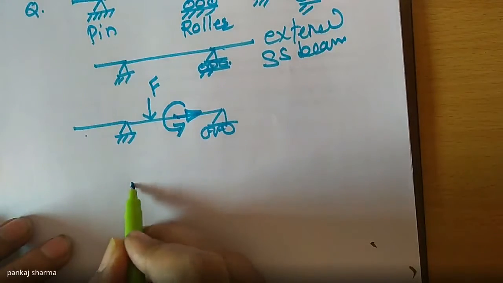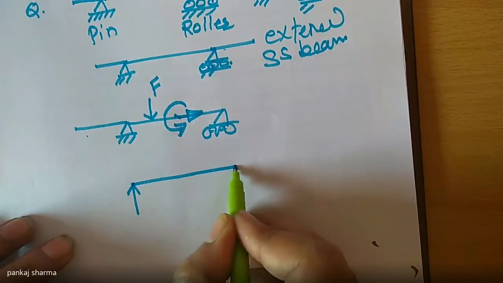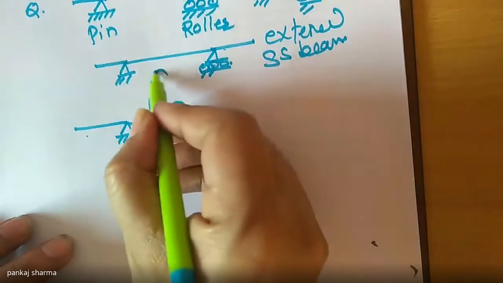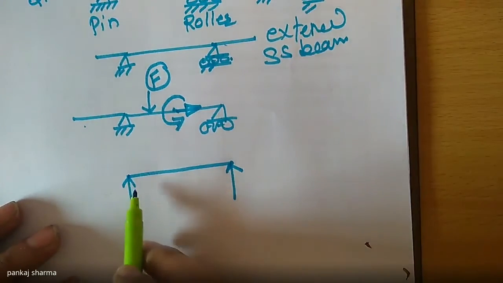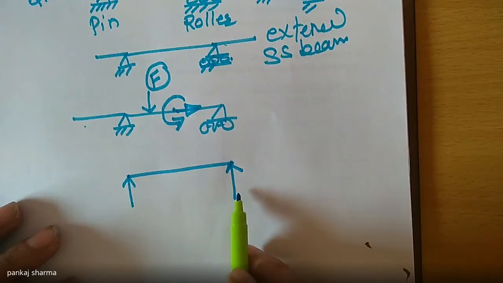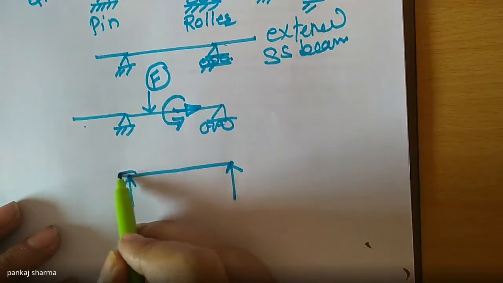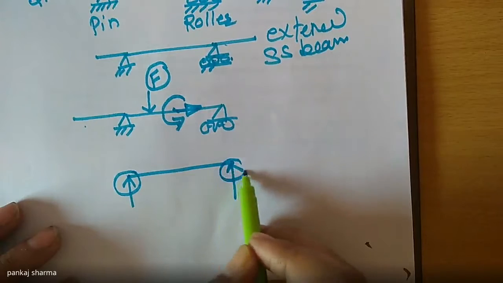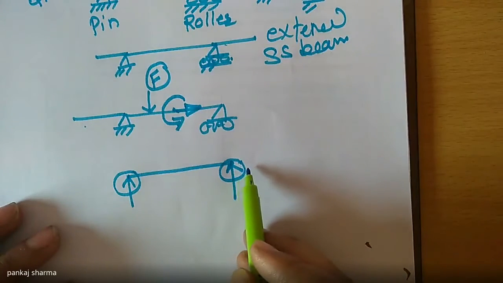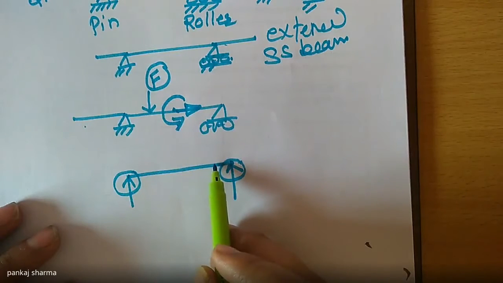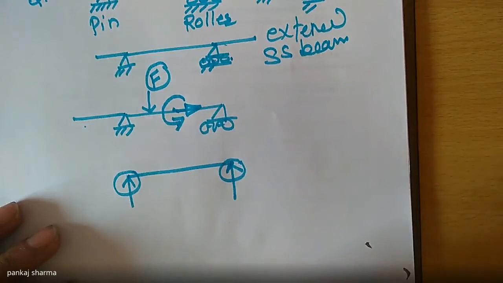So a vertical reaction may be there due to the vertical force. I am just drawing the two vertical reactions, because if they are not there, then the beam will try to deflect.